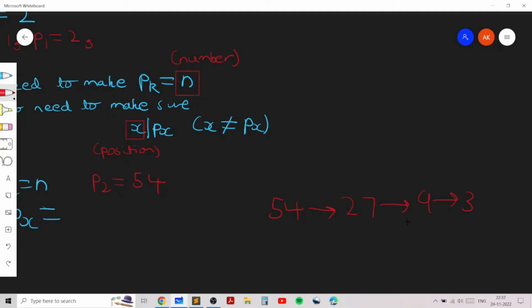And we actually want to go from x to n. So we want to go from 2 to 54. So 2 times 3 is 6, 6 times 3 is 18, and 18 times 3 is 54. This is equal to x and this is equal to n.